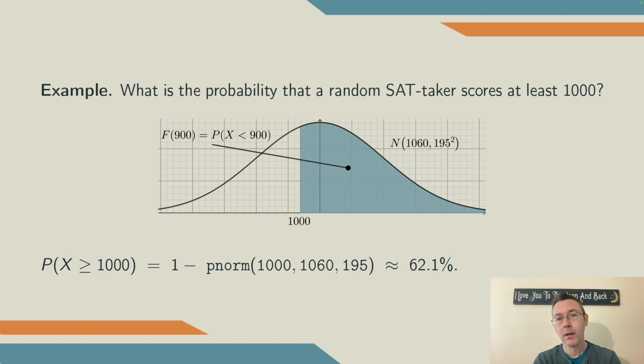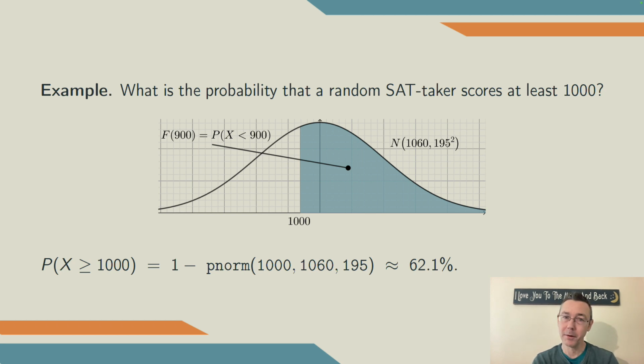Another example: what's the probability that a random SAT taker scores at least 1,000? So now I want a probability to the right, an area to the right. And the way I'm going to do this is by getting the probability to the left, the area to the left, using the CDF, and then I'm going to subtract that from 1, because the total area, the total probability under any density curve has to be 1.